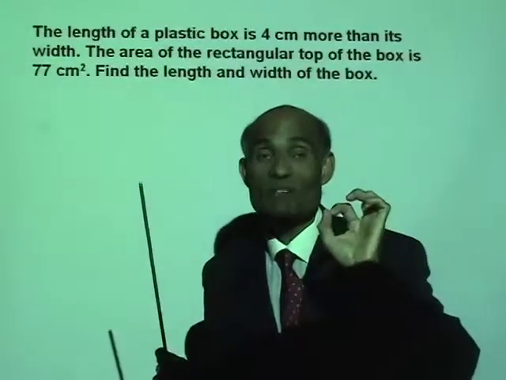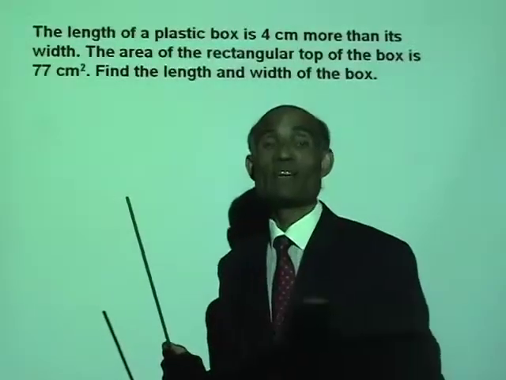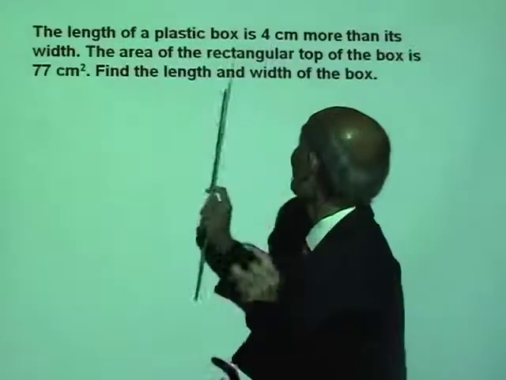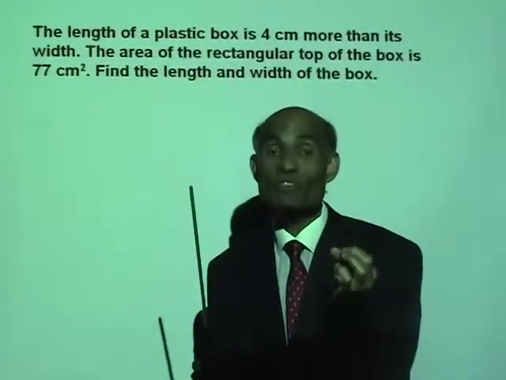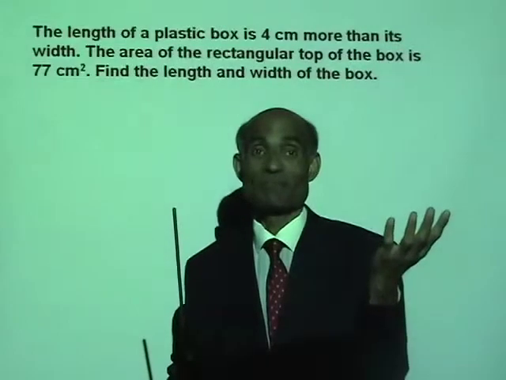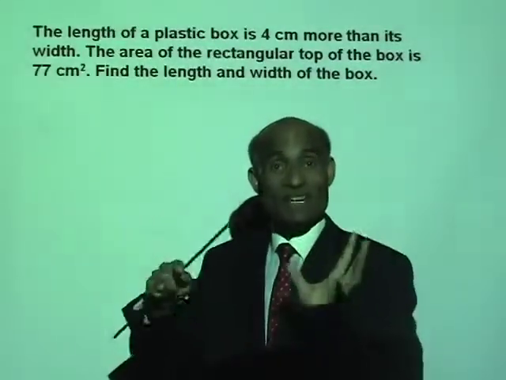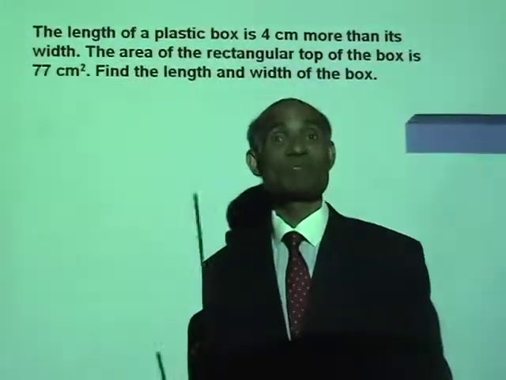So start by saying let the width be x. If the width is x, the length is given to be 4 centimeters more than that. So if the width is x, what is the length? It will be x plus 4. You see how we connected the variable with other information given in the problem.